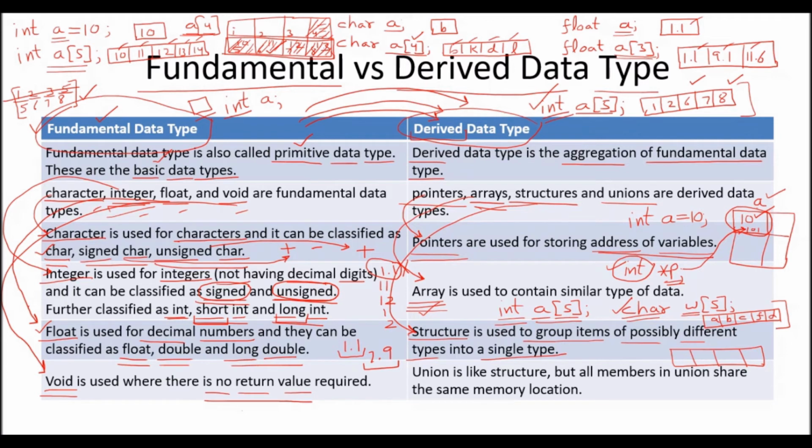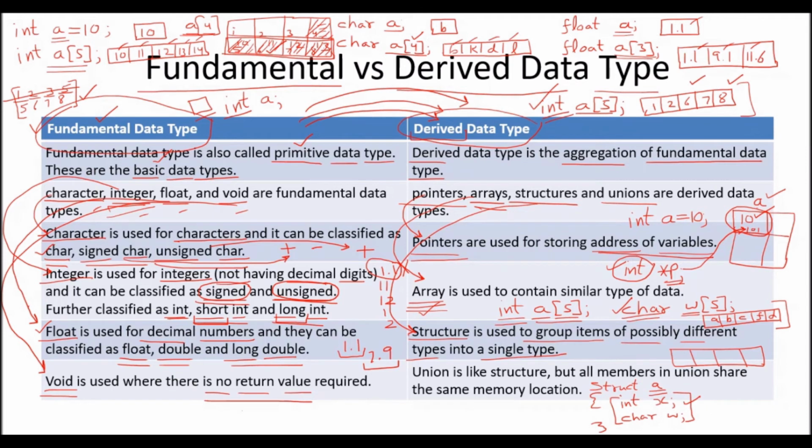But here there is a possibility that I will create a structure. Let us suppose I am using the keyword struct, and the name of the structure is A. Inside that structure I say there is an integer, and there is, suppose, a char w. So anything having different data types inside it is called a structure.